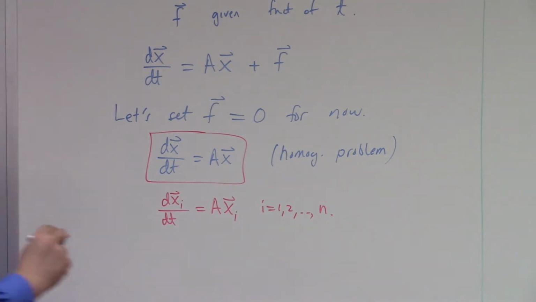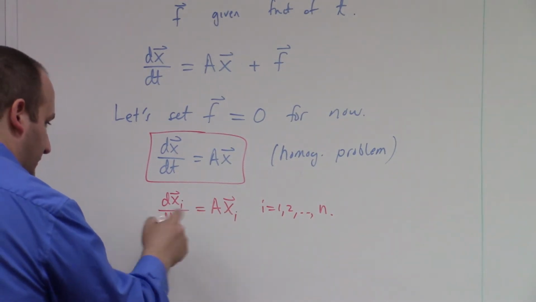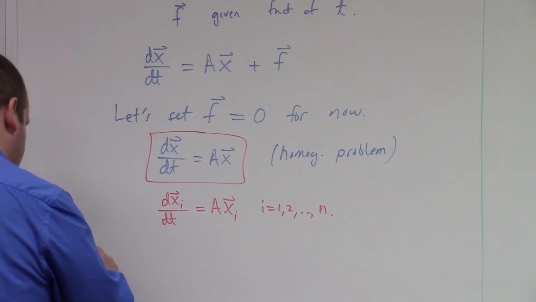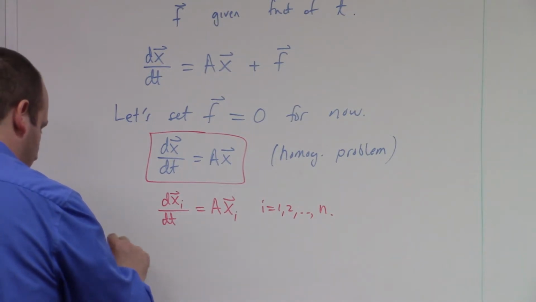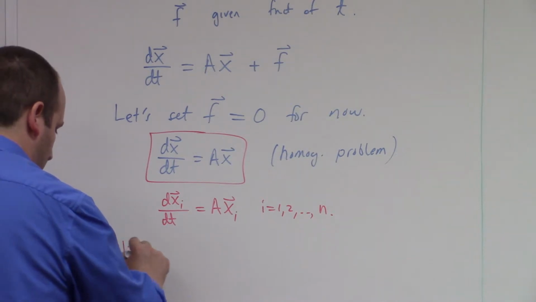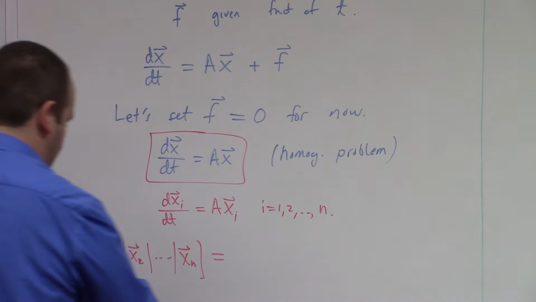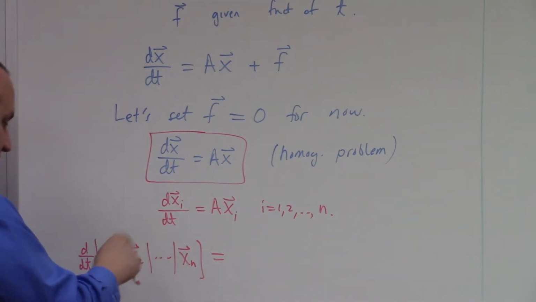Now, there's a very interesting bit of matrix math here. If I were to concatenate these equations, if I were to write ddt of these solutions, x1, x2, through xn, then the derivative of a matrix is the derivative of each column stacked just the same.